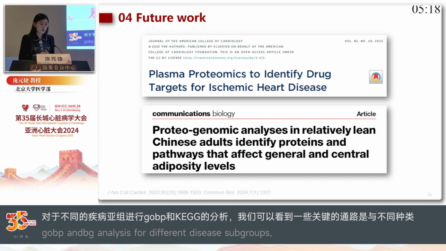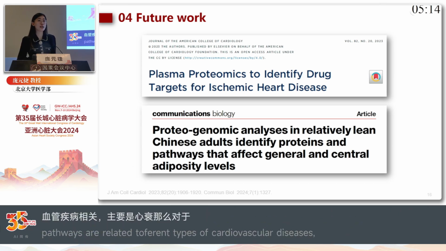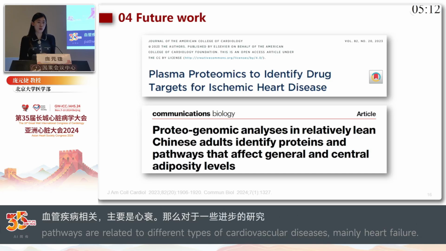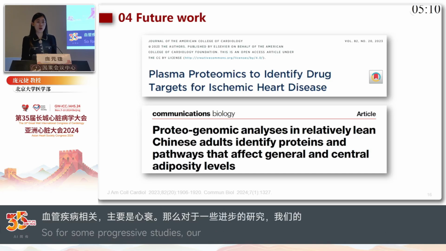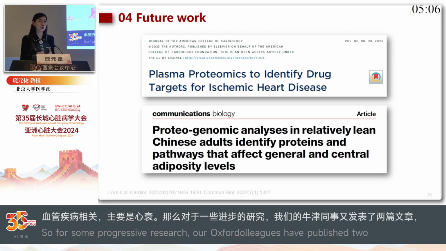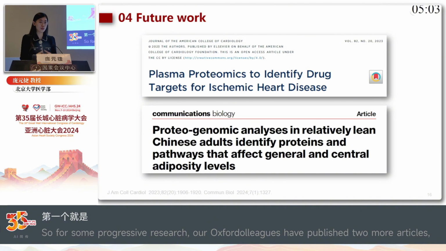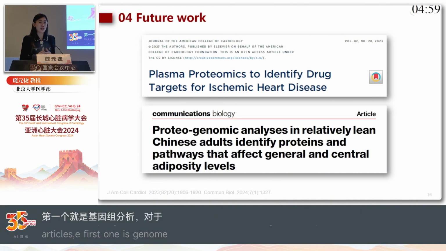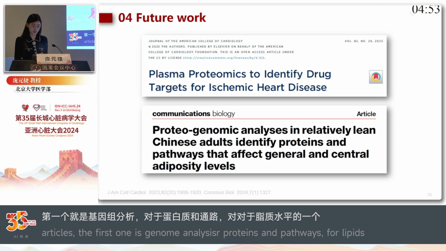For our future work, these are two papers published by our colleagues in Oxford. The first paper is looking at circulating protein biomarkers and ischemic heart disease and whether these key protein biomarkers could be the candidate targets to develop new drug. And the paper in the below section is an interesting paper looking at whether key proteins could be the drug target to tackle obesity.